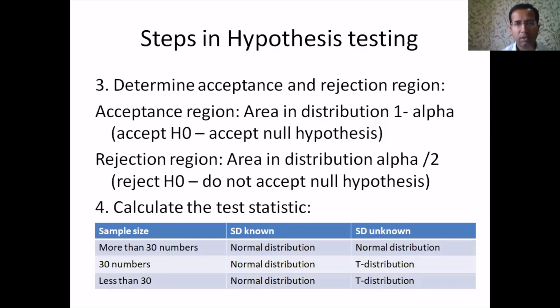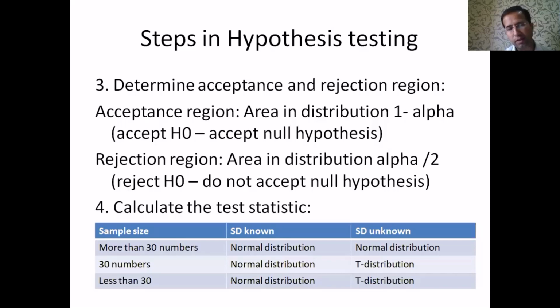So we calculate the test statistic. If you have more than 30 samples and the standard deviation is known a priori, we assume the test statistic, with respect to testing the mean, is normally distributed. The sampling distribution is normal.